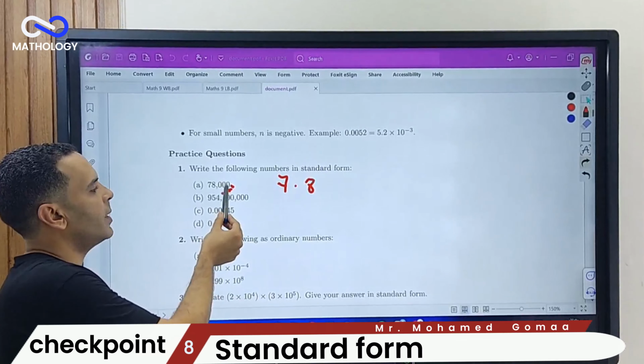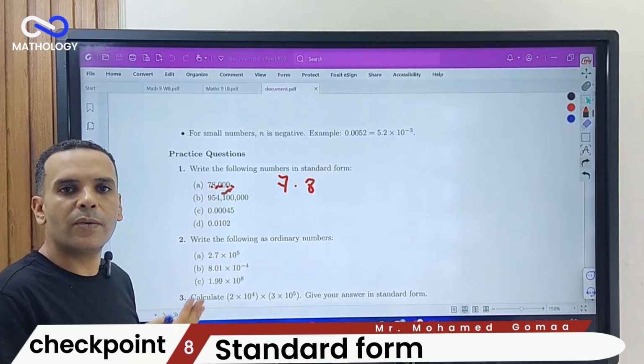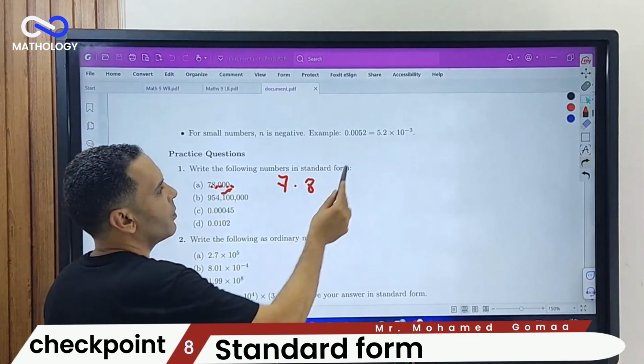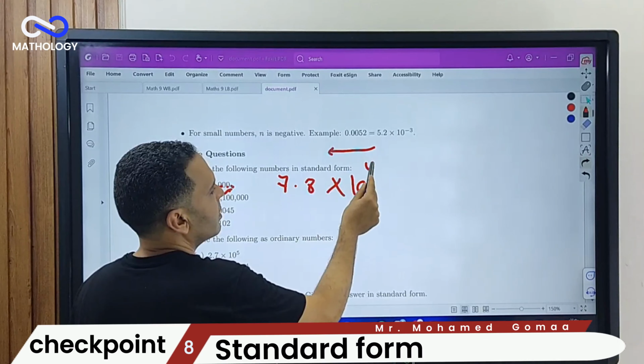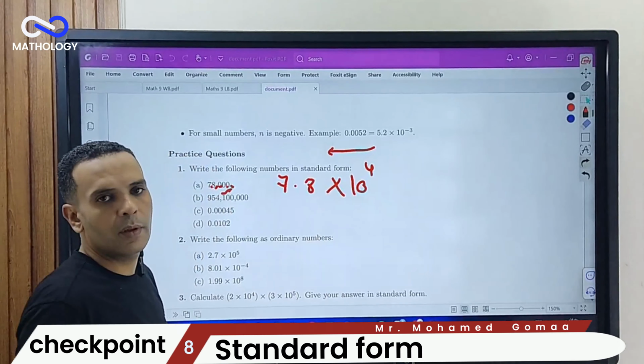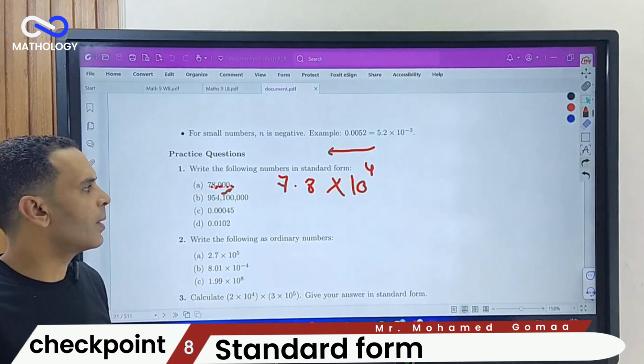We move the decimal point 1, 2, 3, 4 digits to the left. If you move the decimal point to the left, you put positive 4 above the 10, 10 raised to the power of 4.